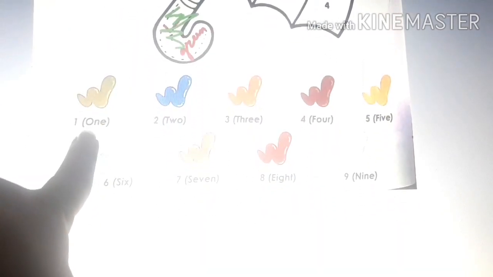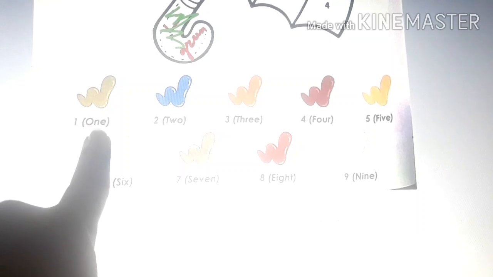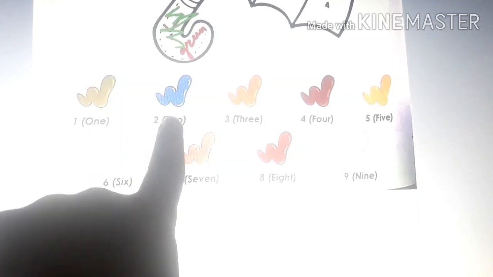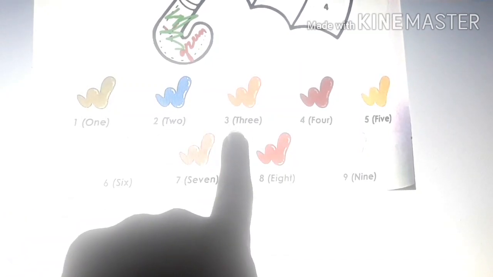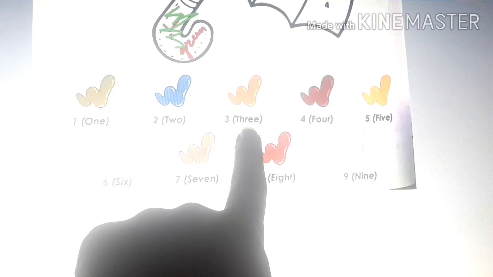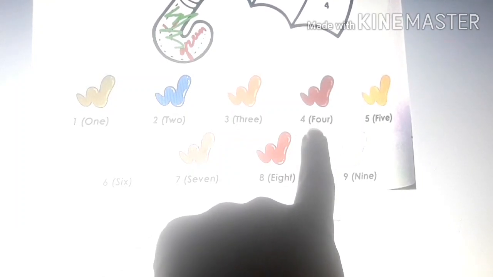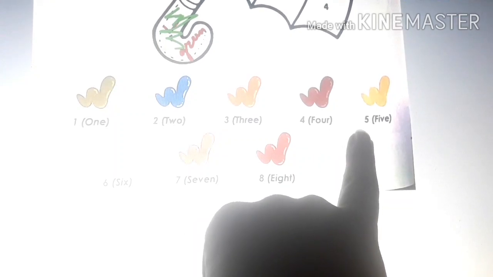Can you also see the spelling of 1, children? As you already know, what is the spelling of 1? O-N-E. Right? Spelling of 2? T-W-O. Spelling of 3? T-H-R-E-E. Spelling of 4? F-O-U-R. Spelling of 5?